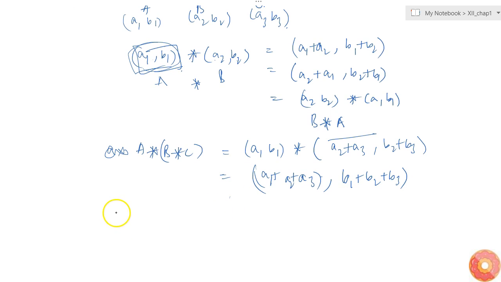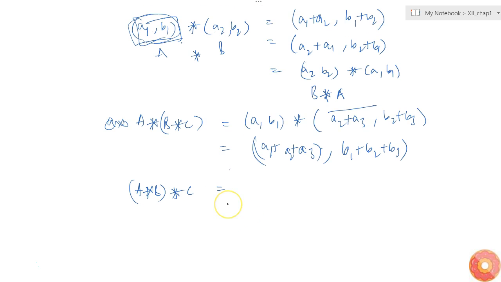Now we need to find on the right hand side (a star b) star c. It's simply again a star b, which becomes (a1 plus a2, b1 plus b2), and then star (a3, b3).